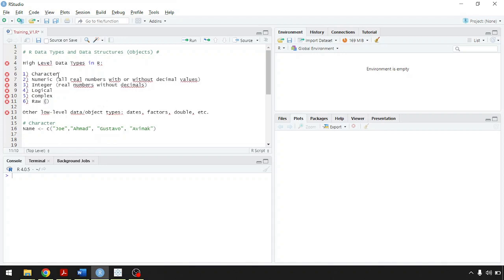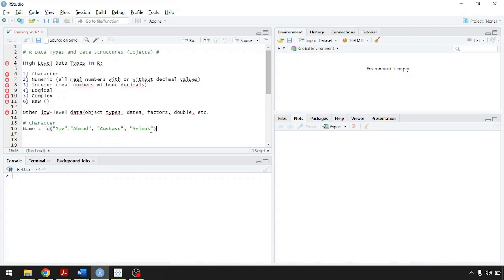So the first data type is character. Depending on the type of background you come from, some domains call it text, some call it character, some call it words. In R it's called character, and character is pretty much names or nominal information. The way we indicate it in R: let's say I just created a new variable called name, and I concatenated, which means put all of it into one set, four names: Joe, Ahmed, Gustavo, and Avinak.